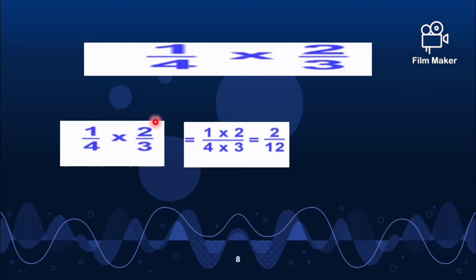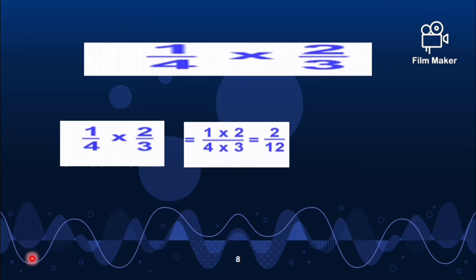1 multiplied by 2, 4 multiplied by 3. 1 2s are 2 and 4 3s are 12. Now 2 by 12 is not the final answer because 2 by 12 is not in the lowest term. We can divide the numerator and denominator by the same number.